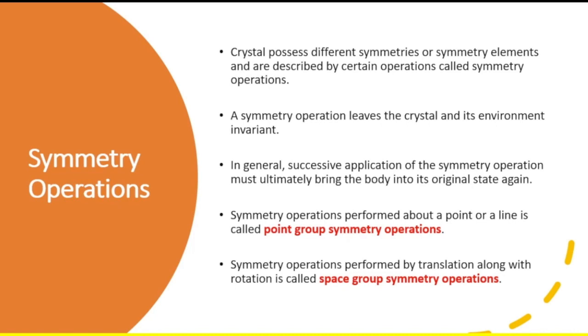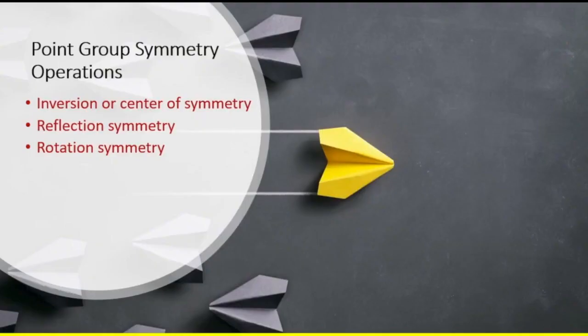The symmetry operations which are performed by translation along with rotation are called space group symmetry operations. The point group symmetry operations are of three types. First is inversion or center of symmetry, second is reflection symmetry, and third is rotation symmetry.